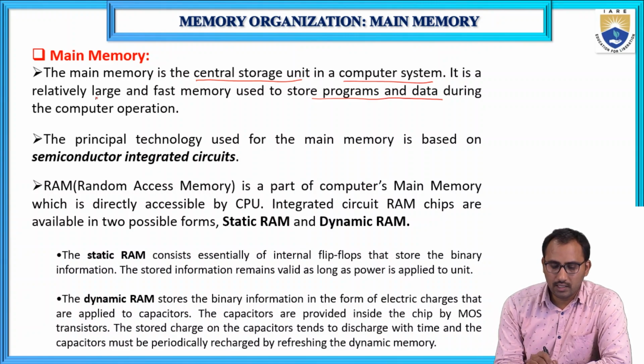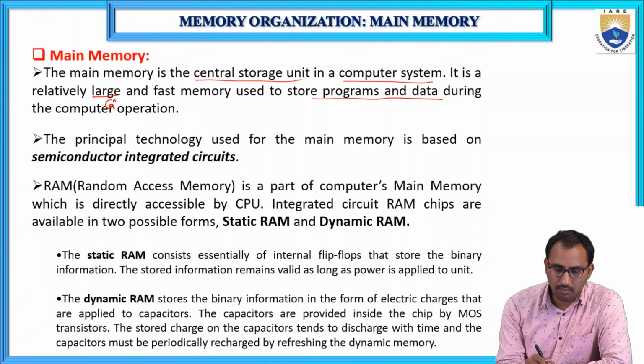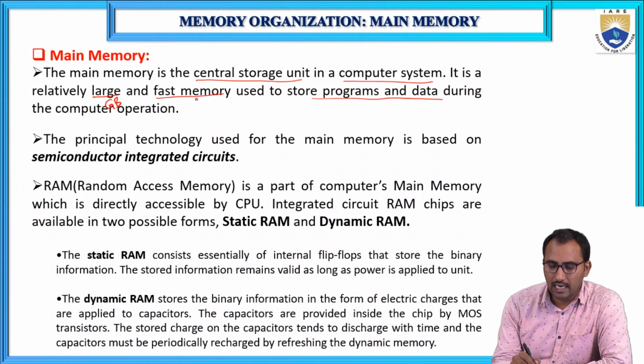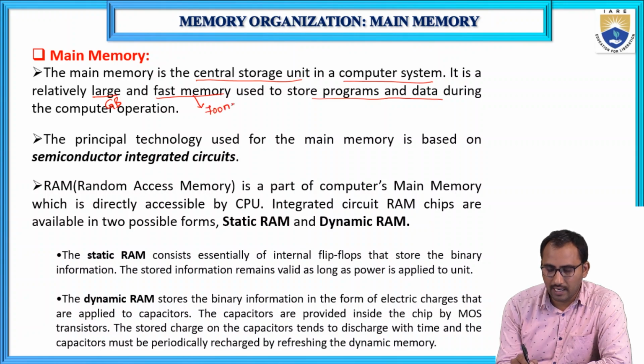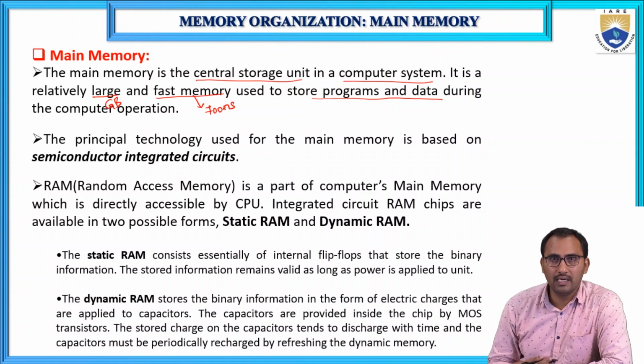It is relatively large because the size of the main memory is in some gigabytes, and it is a faster memory. That means it has very less access time when you compare it with the access time of the auxiliary memory. The access time of the main memory is around 700 nanoseconds. That's why the main memory has a large storage capacity and it is faster.